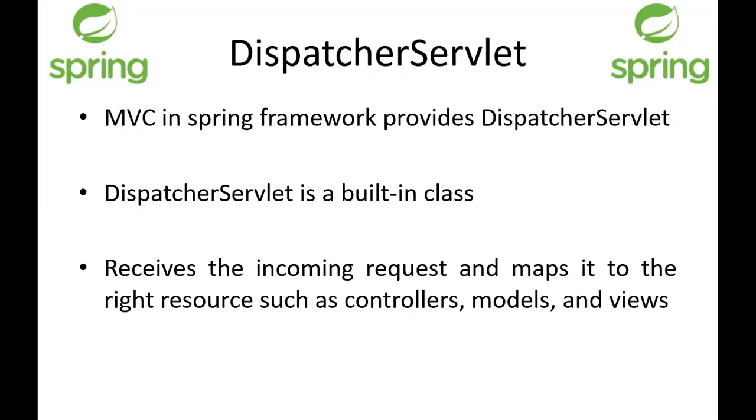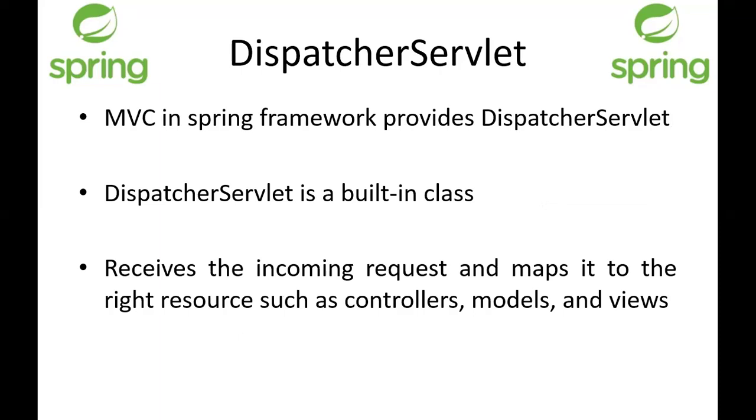And the main component in Spring MVC is the dispatcher servlet, which is considered as the front controller in Spring MVC. It's actually a built-in class and it acts as a front controller. We will see what a front controller is. It will receive the incoming request and map it to the correct resource, the targeted resource. It may be a controller or model or view.